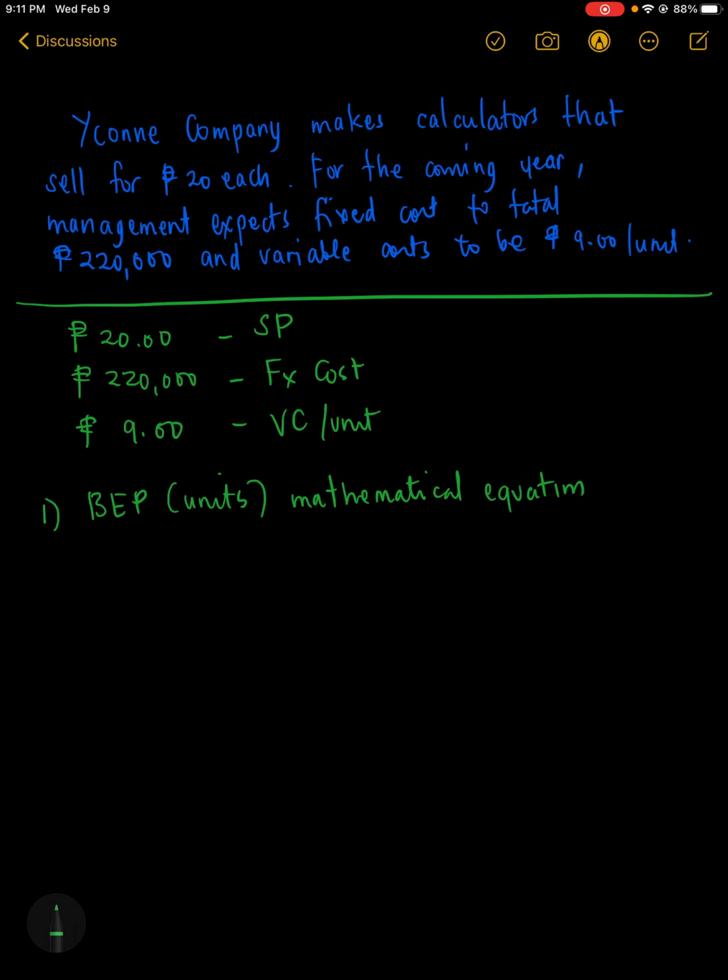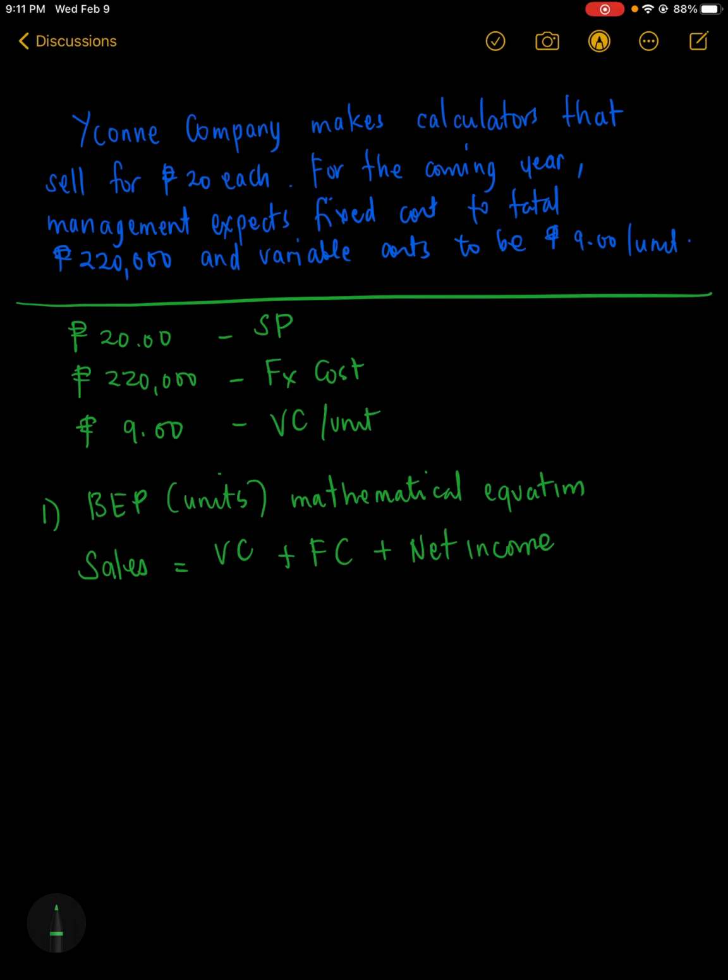The mathematical equation is just like this. Because it's an equation, we should have a formula. So, our formula is sales equals variable cost plus fixed cost plus net income. Okay. So, what we are looking for is the break-even point in terms of units.